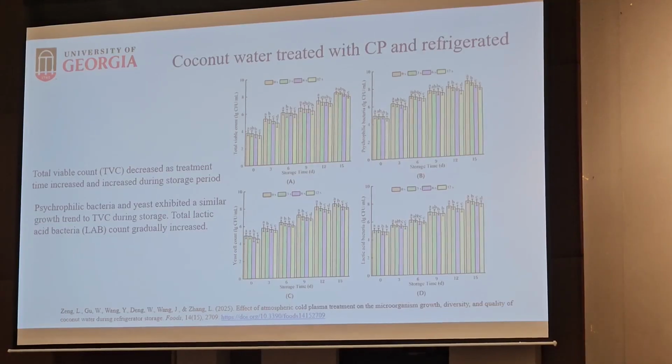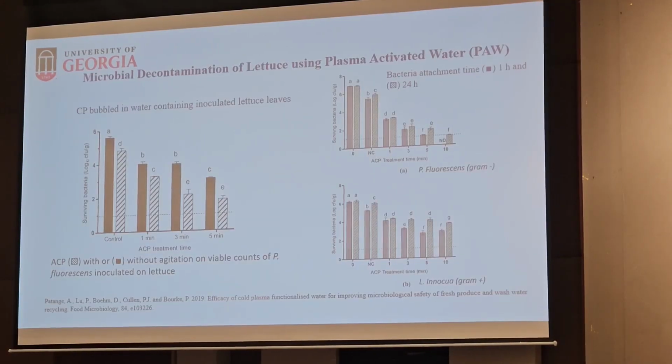So in this example, they store, they start seeing increasing cell count. Here is an example of decontamination of lettuce using plasma activated water. And again, you can see this one, the y-axis has the actual viable counts.